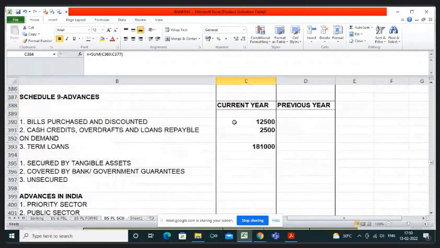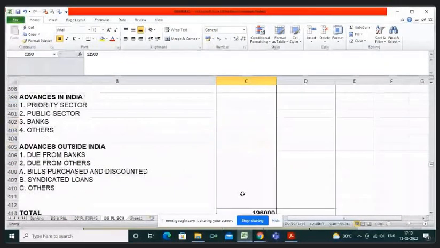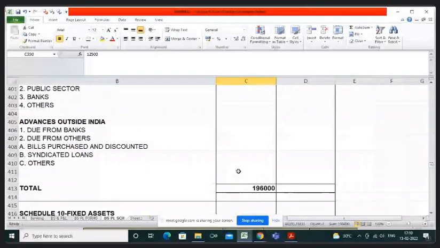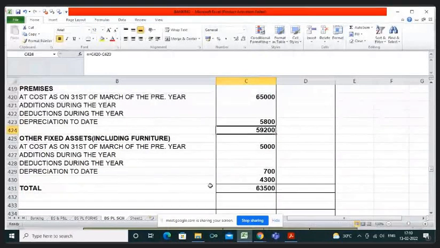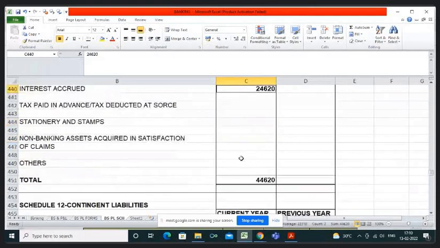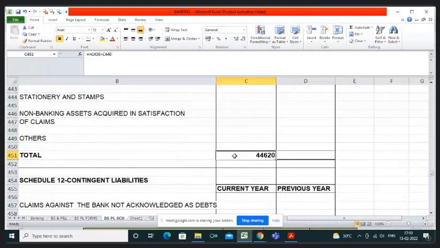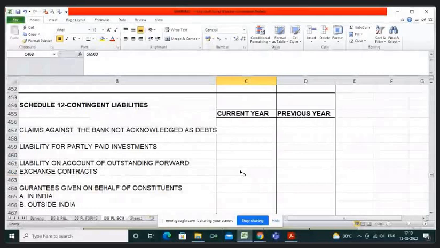Then advances, I have 3 types of advances and the total is 1,96,000. Then fixed assets, I have 2 fixed assets. One is premises 59,200. Then furniture 4,300. Total is 63,500. Then other assets, I have inter-office adjustments and interest accrued. The total is 44,620. Contingent liabilities 56,500. Only one item, 56,500.